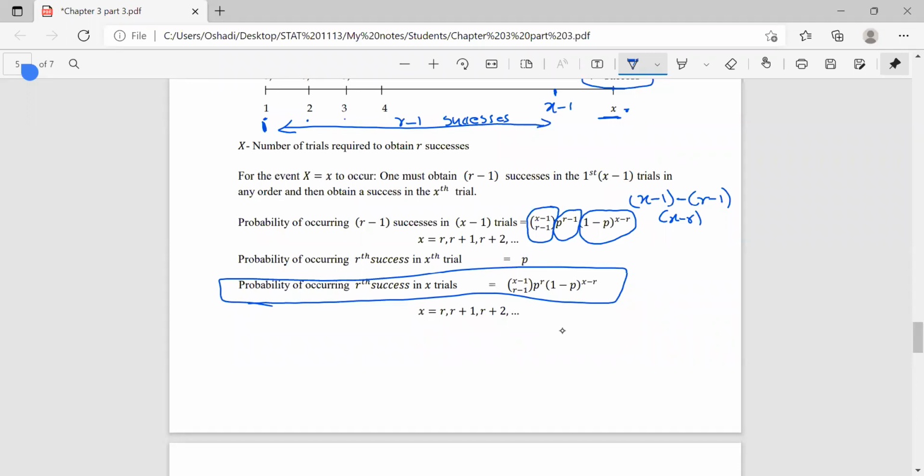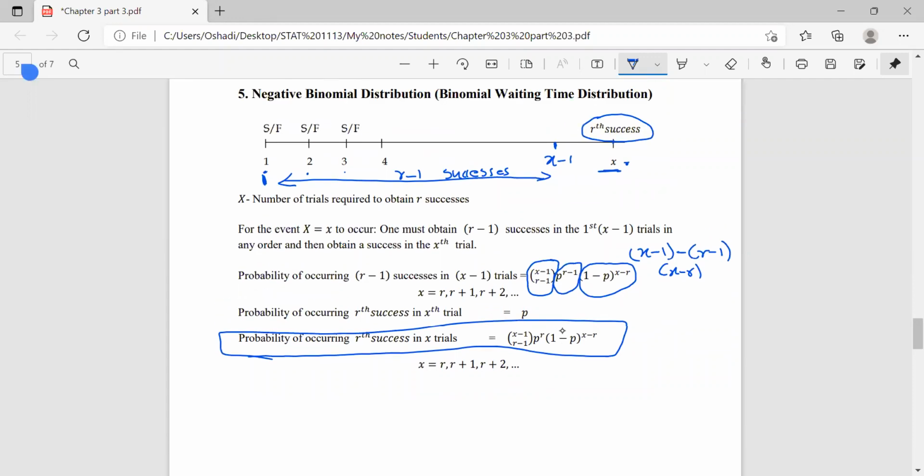No, we have to multiply it by p, because we need the probability of occurring r successes in x trials. This is the probability of occurring r minus 1 successes in x minus 1 trials, but we have to multiply it by the x-th trial as well. Occurring the x-th trial has probability p, so we have to multiply this by p.